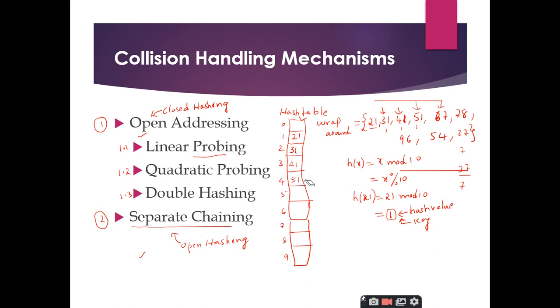You can observe that the sequence of elements occupies contiguous locations, thereby forming clusters. So the disadvantage of linear probing is clustering.